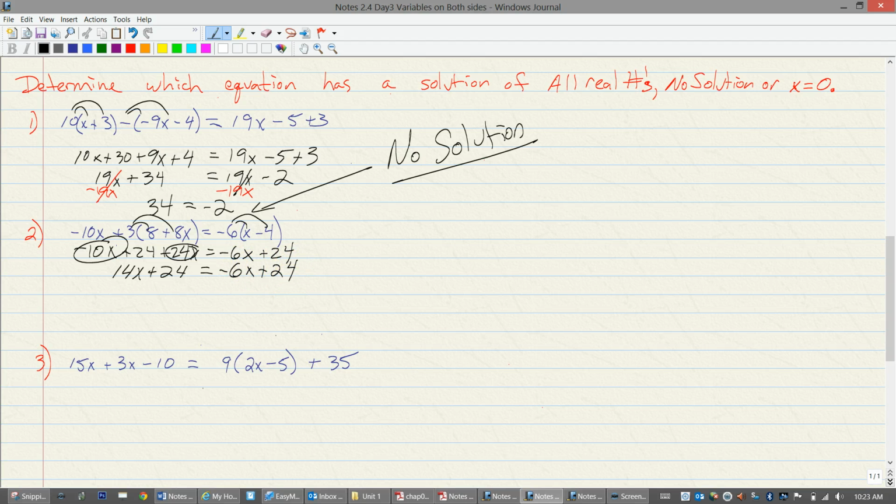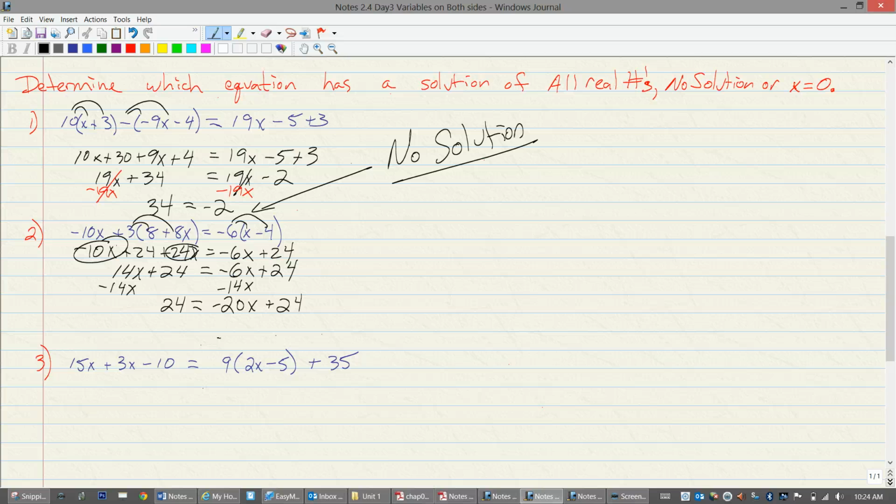And then next step is I'm going to combine the variables on one side of the equal sign. Okay, after that, we're going to move them. So minus 14x. So we get 24 equals negative 20x plus 24. Okay, notice how the variables stay with us. The variables didn't drop out.